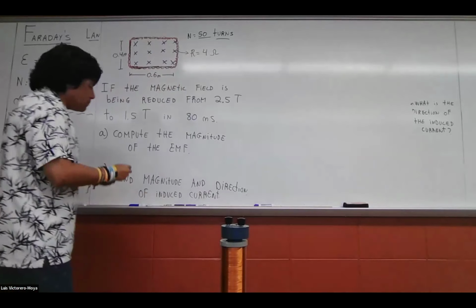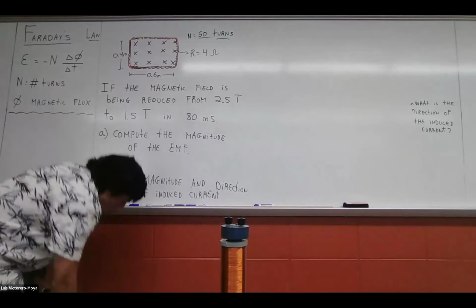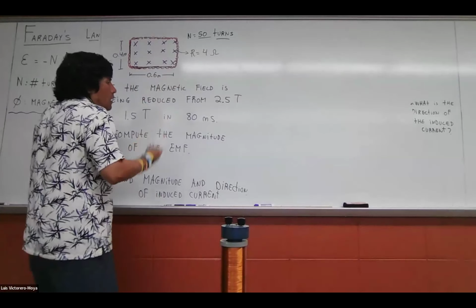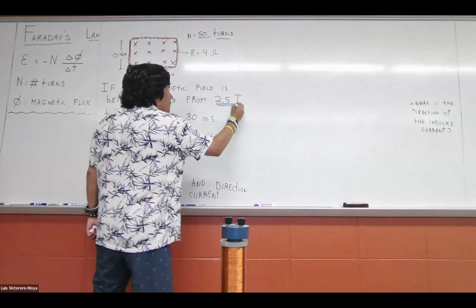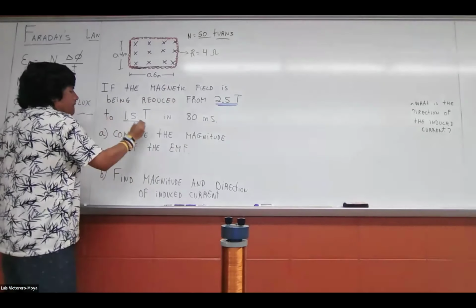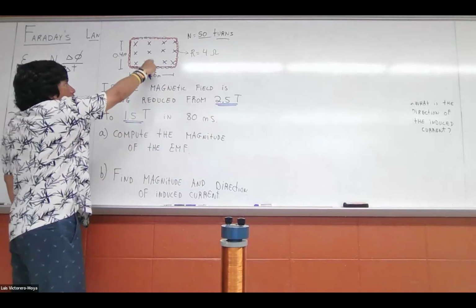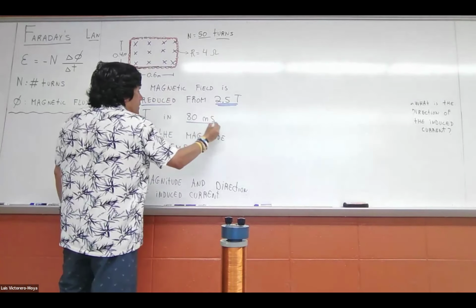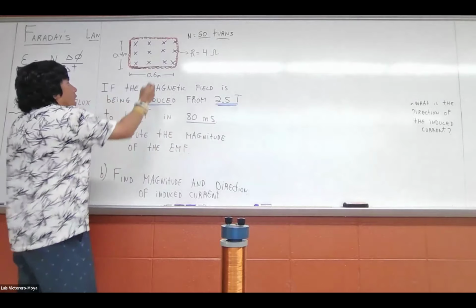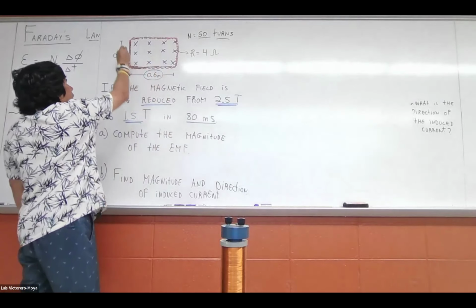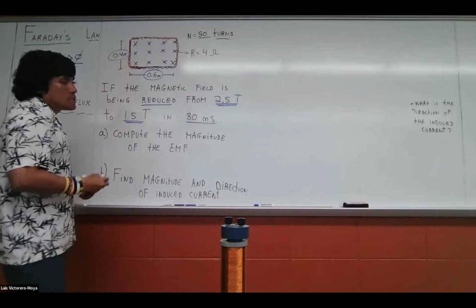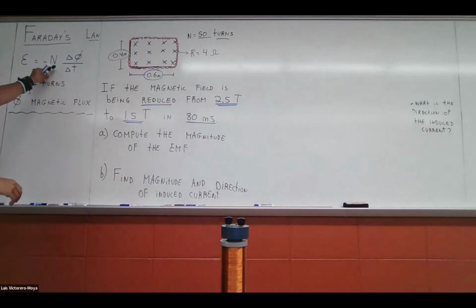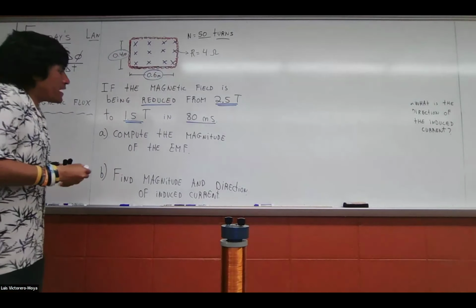Okay, so here you are being given the initial field, the final field, which is into the page, being reduced in 80 milliseconds, and they give you the dimensions of the rectangular coils. There are 50 turns. So what is the equation? It asks us for the magnitude.